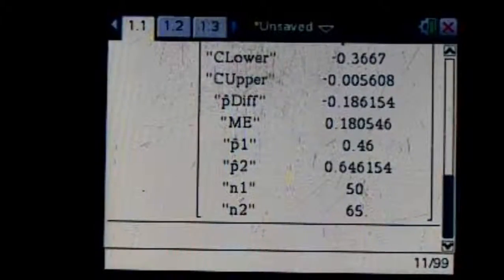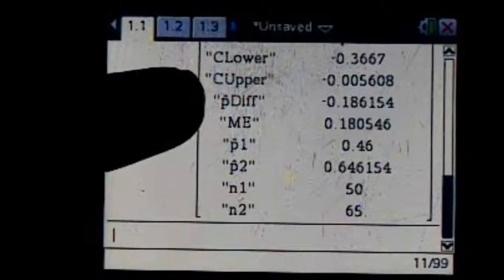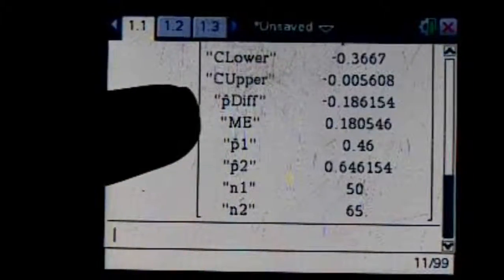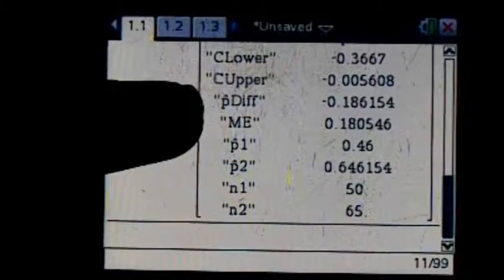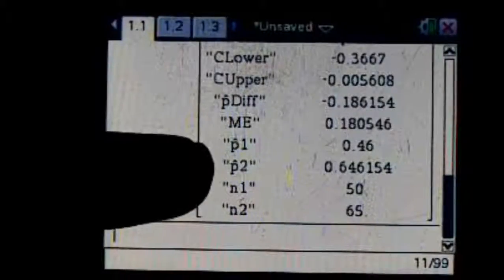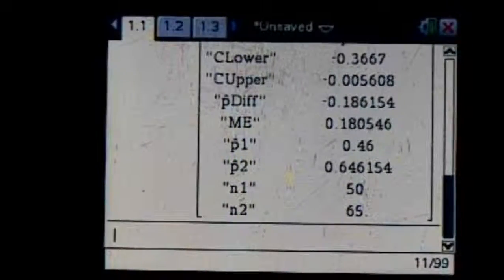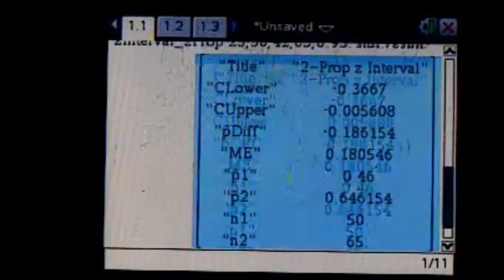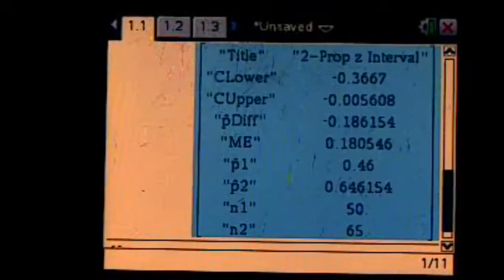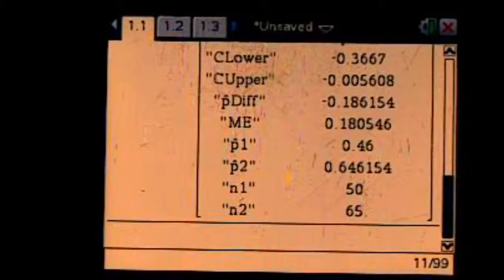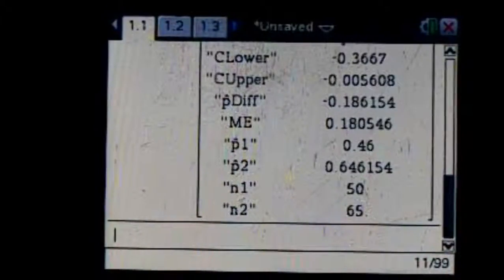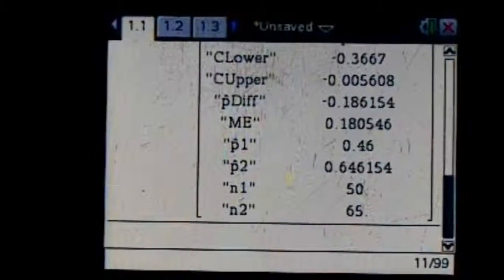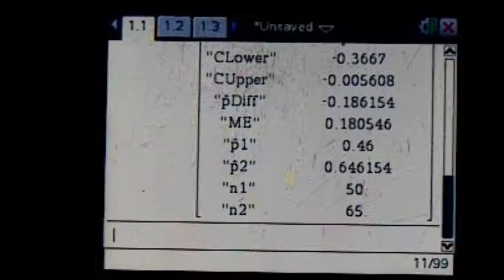There we go. My lower, my upper, my p-hat difference, which is p-hat 1 minus p-hat 2. There's my p-hat 1, there's my p-hat 2. There's everything. Since 0 is not in there, if I was actually doing a real thing, I would say this is my confidence interval, and there's reason to believe that these groups are different.